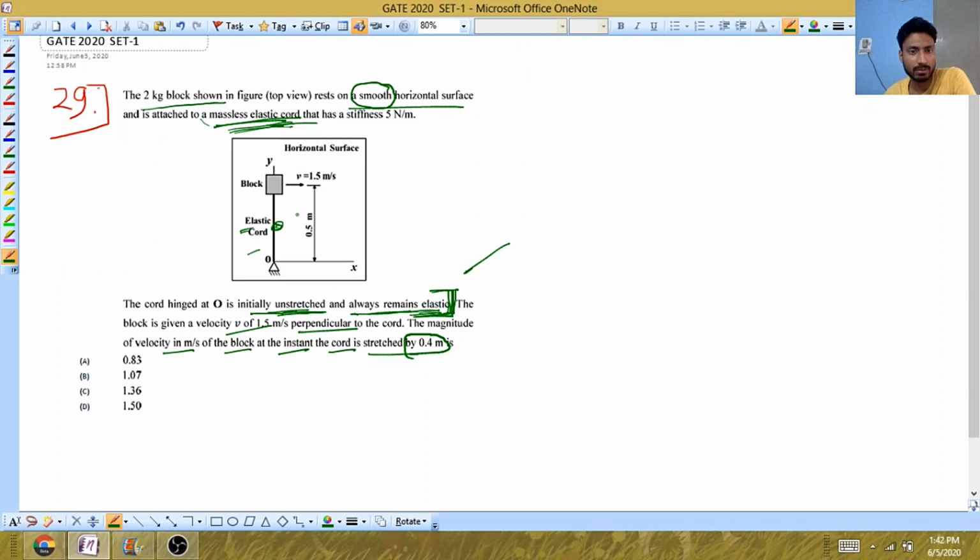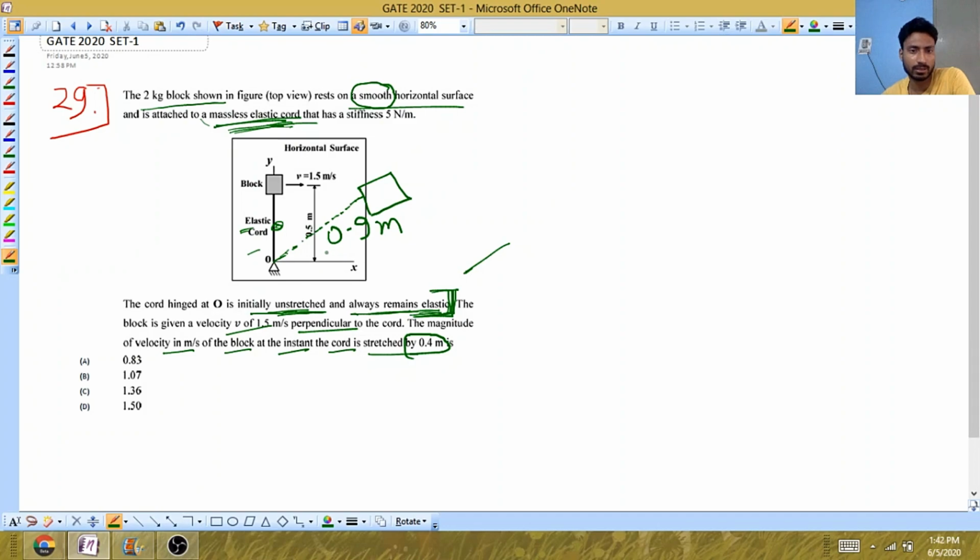So now during the motion the cord gets stretched by 0.4 meter. Stretched means, suppose after moving to this point, it gets elongated by 0.4 meter. Previously it was 0.5 meter, now it becomes 0.9 meter. This is what they want to say.